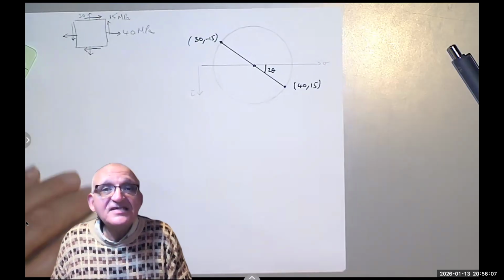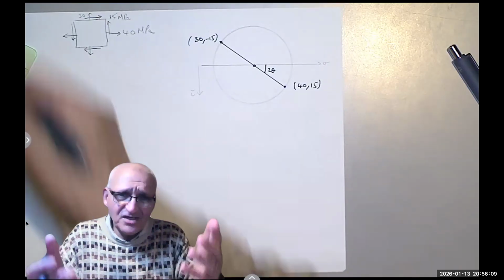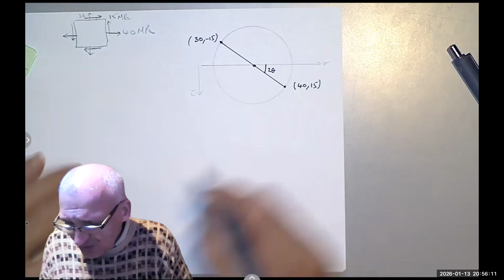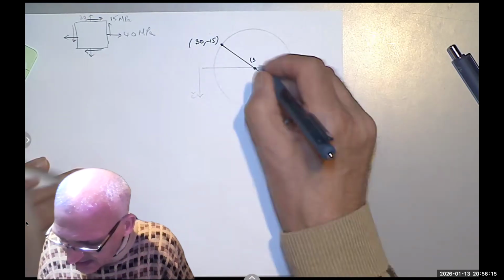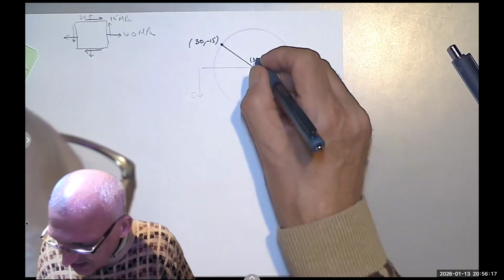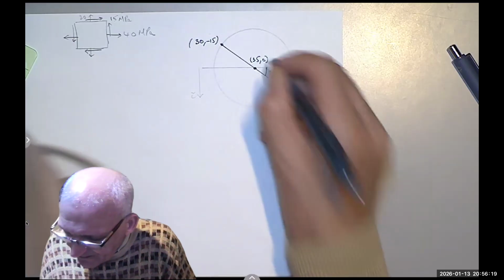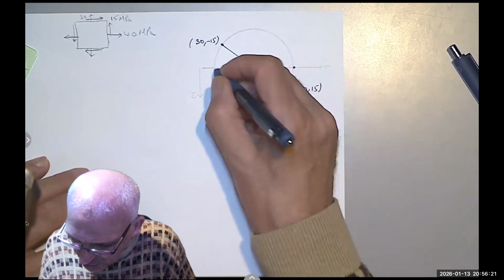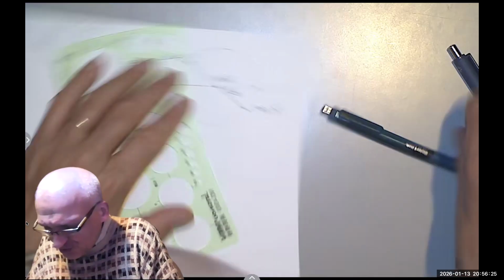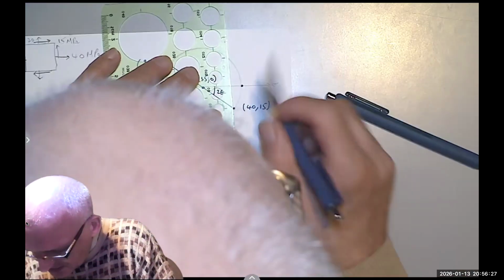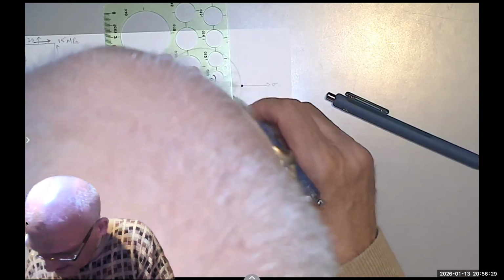Notice this point is the average between the two. It's like you can use the midpoint formula. 30 plus 40 over 2 is 35. And sure enough, 15 and negative 15 would give you 0. And I want to find these 2 points as well as the angle 2 theta. And we said it's so easy to do it because I can construct a right triangle here.